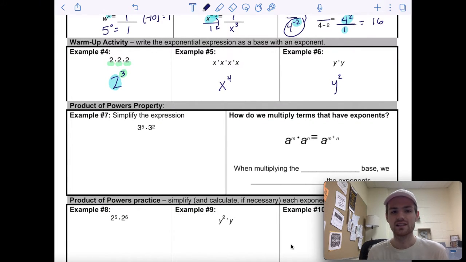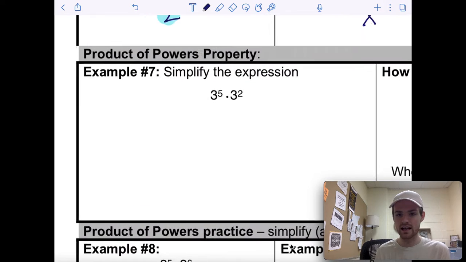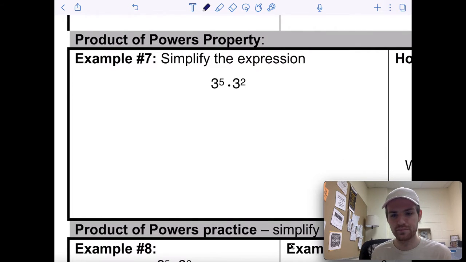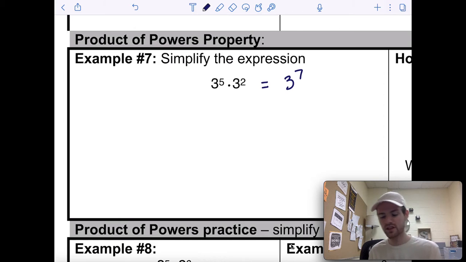Now we're getting into this product of powers property, where we see something like this. I'll go ahead and show you the answer that we're looking for is 3 to the 7th.